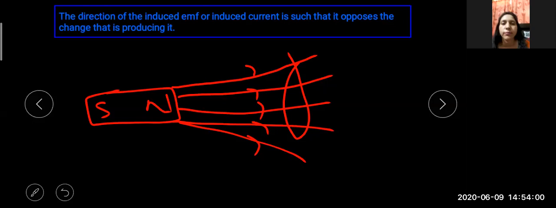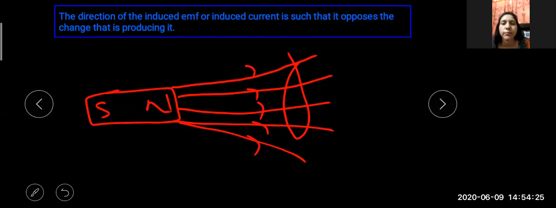This produces an EMF and hence induced current must flow in the loop in such a manner that it opposes the change. So the induced current in the loop will therefore flow in anti-clockwise direction, to produce a magnetic flux through the loop towards the left.